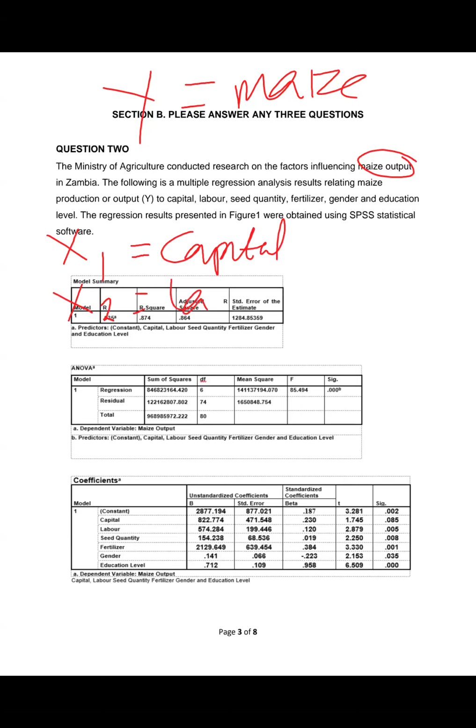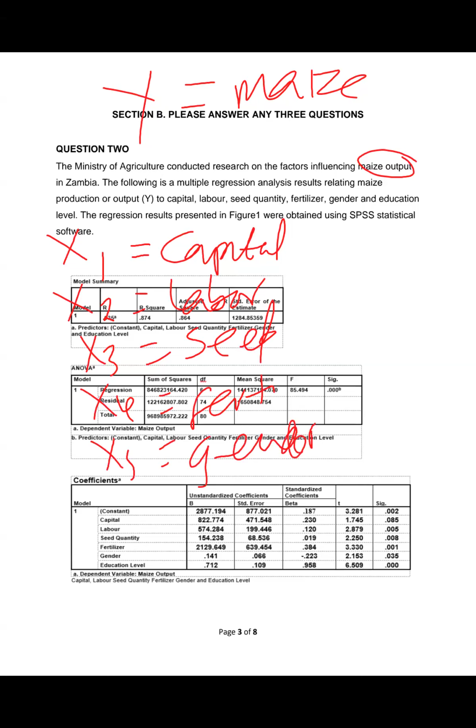Labor was influencing. There was seed quantity. There was fertilizer. There was gender. And what else? 6 variables. Education, right? So the regression results were given like this in the statistical package for social sciences.